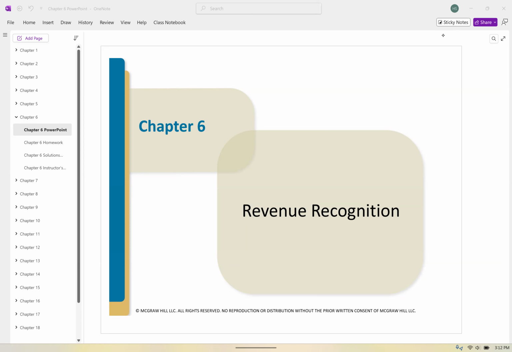And this is where there's been a lot of changes in revenue recognition because of the way some businesses were recognizing revenue, and it was leading the users of the financial information to different conclusions. So we have a process now in place to recognize revenue.